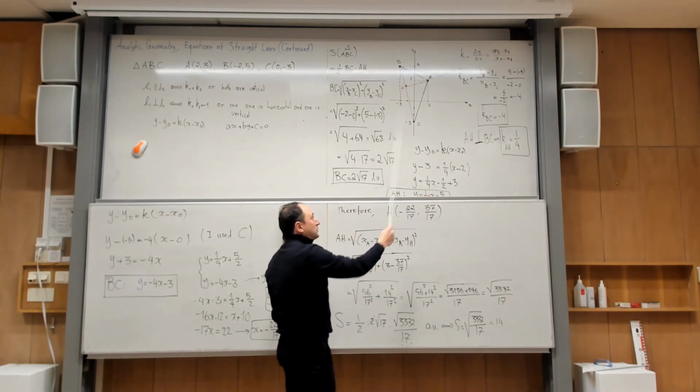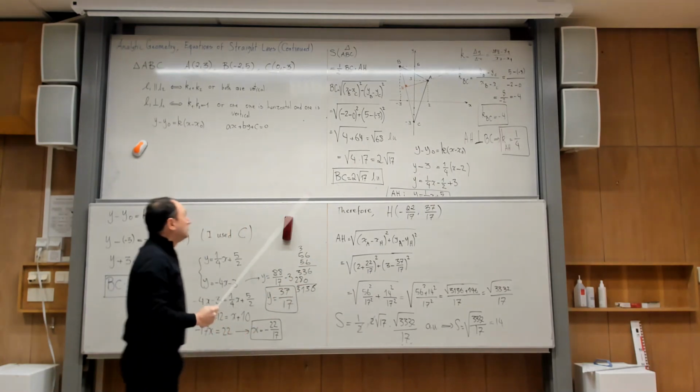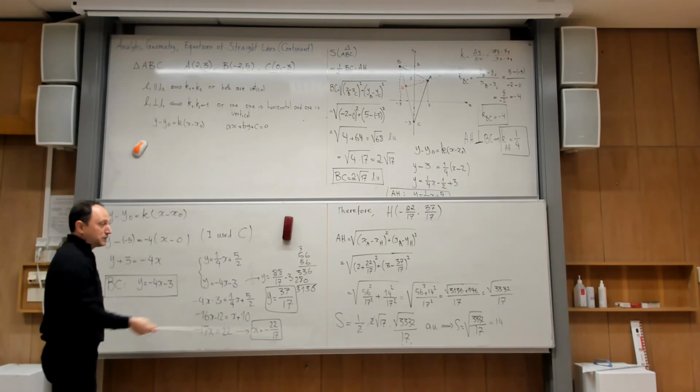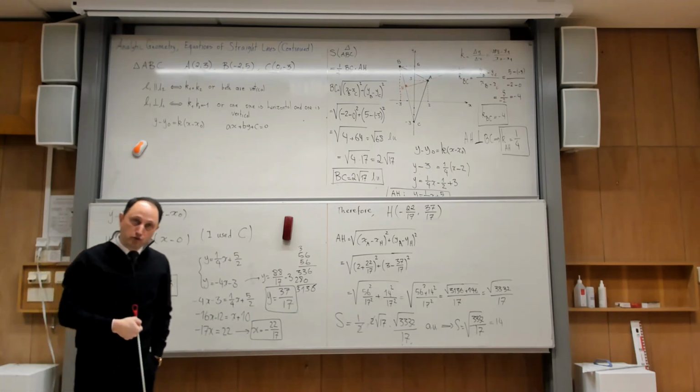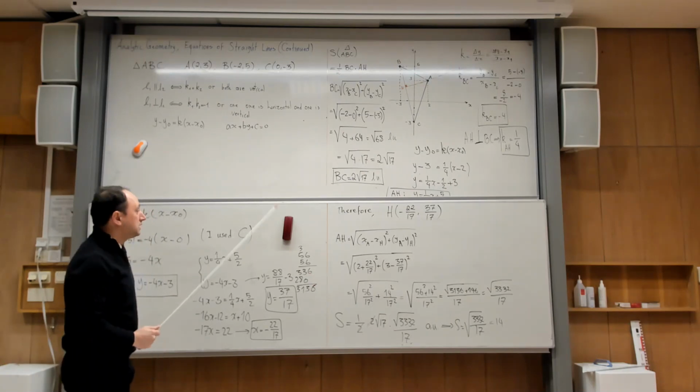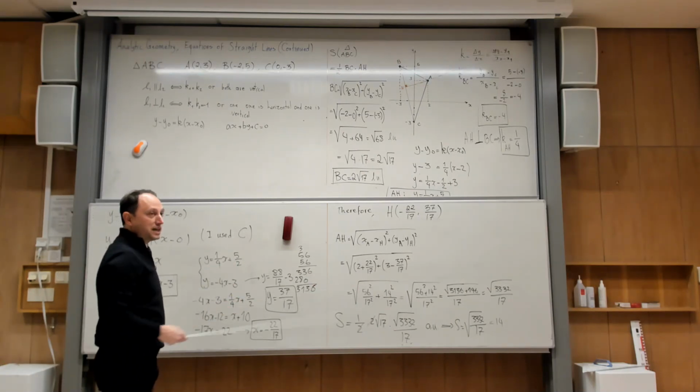The only thing that we haven't used in this problem was the lines being parallel. But other than that, we have done everything right, and the answer is 14. Okay? Is that clear? So, the area of that triangle is exactly 14 area units.